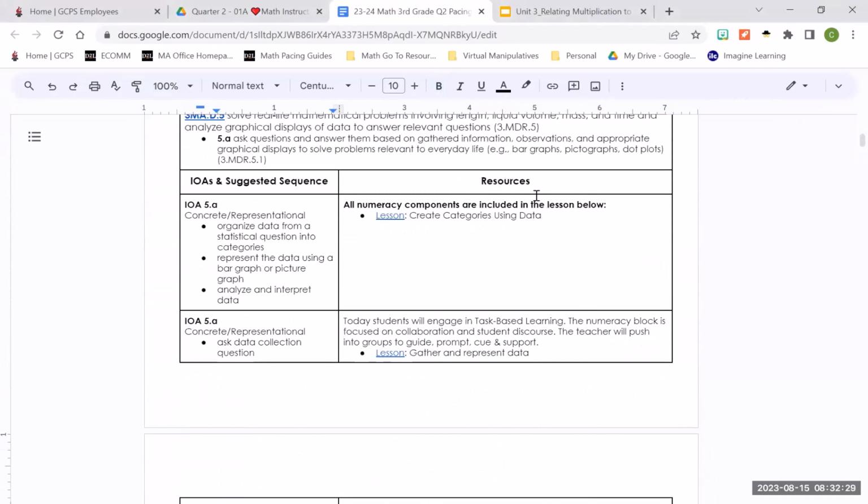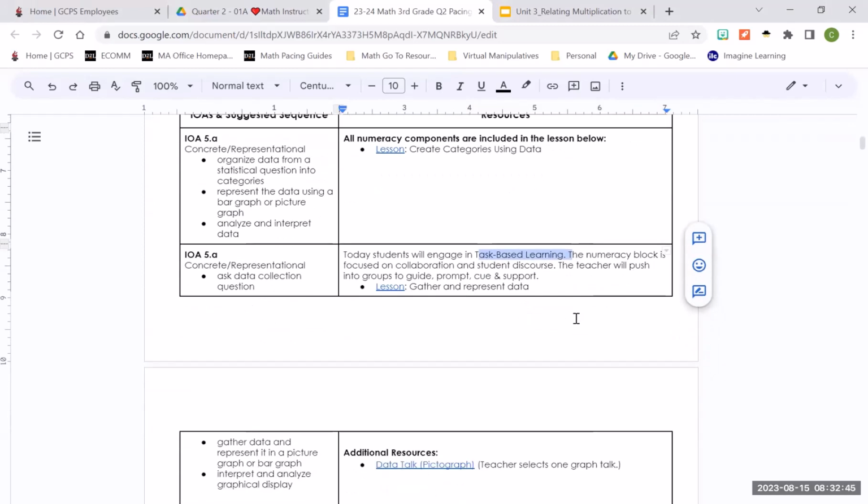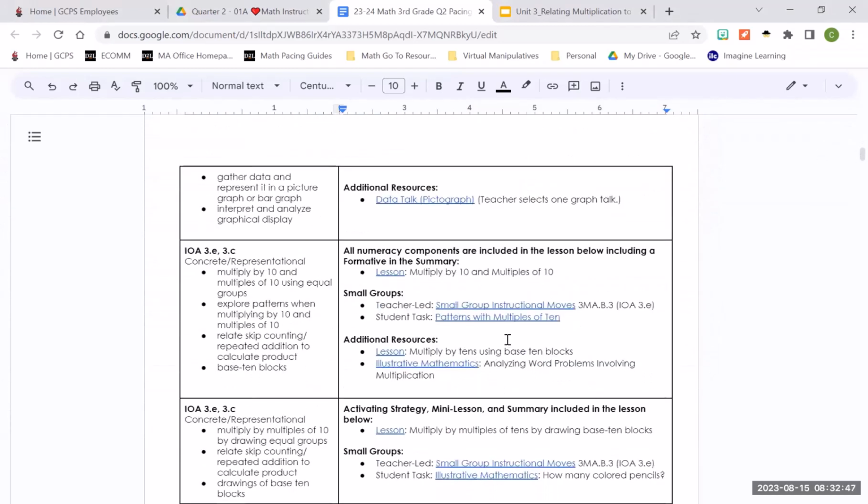The right column of the pacing guide shows the instructional resources that align to the intended learning objectives for each day of instruction. Some days you will see task-based learning lessons, which is your full numeracy block that day. Other days you may notice instructional resources are linked for the numeracy components of a traditional teacher-led lesson plan.